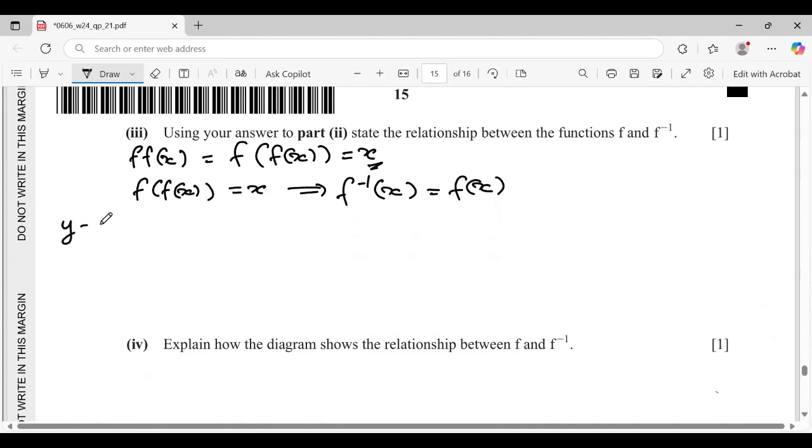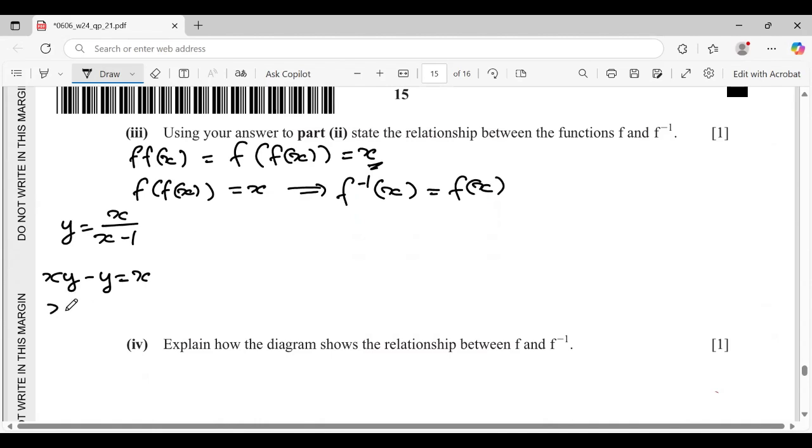I'm going to show you for f inverse. If y equals x over x minus 1, we can rearrange: xy minus y equals x.